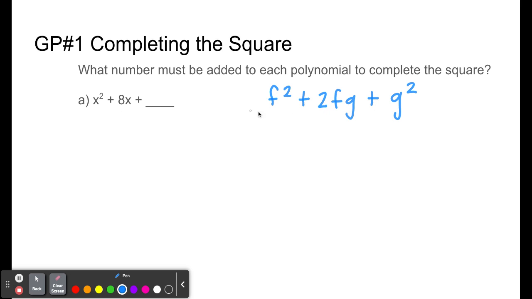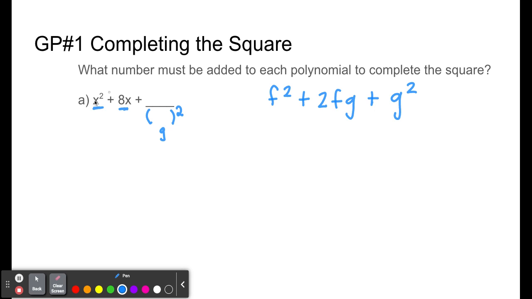So we have the f squared term here, that would be x squared. We have the 2 times f times g, which is 8x. And then this term here is derived by taking g and raising it to the second power, so g squared. So we have to figure out the value of g in order to fill in this blank here.